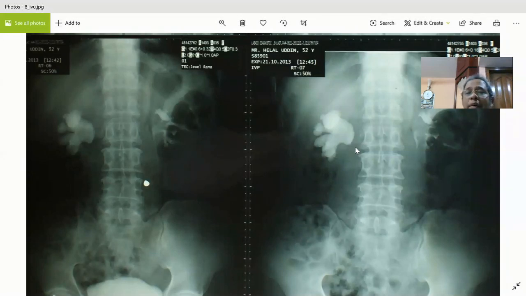But whenever it is associated with PUJ obstruction, the pelvis is dilated, hangs down over the vessels and causes a pressure effect. In that case, the vessel can be divided in case of a vein, but in case of an artery, it is not possible to divide it, because if you divide it, the nephrons of the lower part become damaged. So the treatment of PUJ obstruction is pyeloplasty.